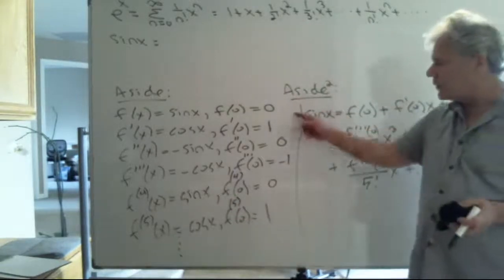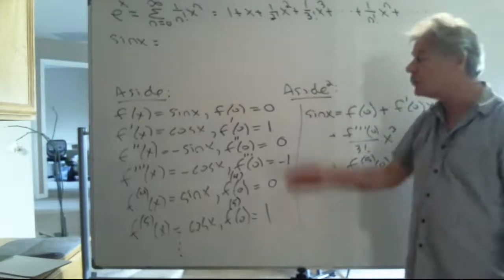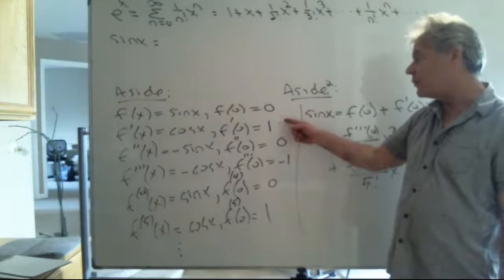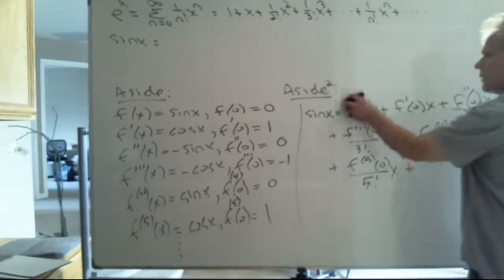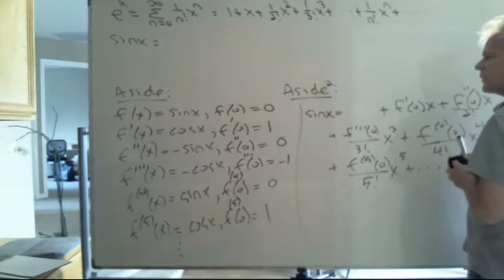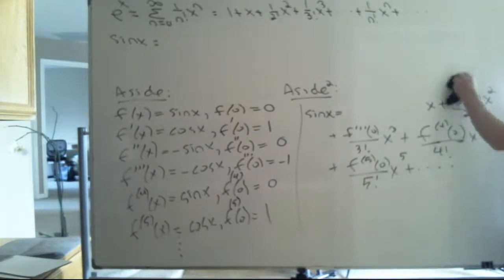Notice I alternate from 0 to some constant, but ignoring the zeros, those constants alternate between 1 and -1. So it looks to me like f evaluated at 0 is just gone, but f prime of 0 is just 1. F double prime of 0 is 0, so that whole term drops out.